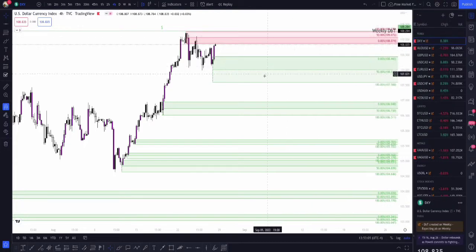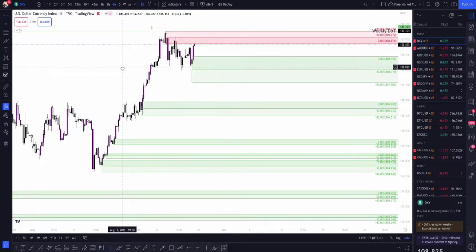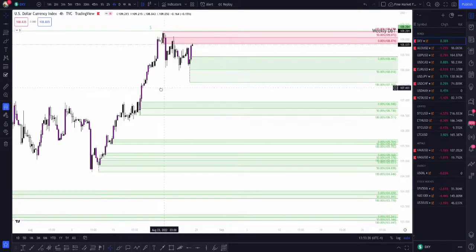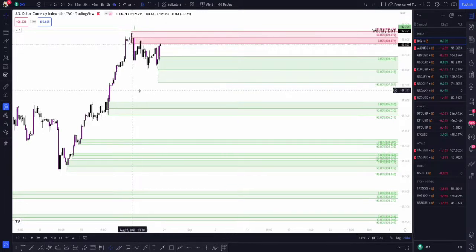All right, with that being said, let's go ahead and jump into our 4-hour chart, starting with the Dixie. And I'm going to do my best, guys, to hurry along so the video is not so long. So we have more short positions for the dollar. We are on this downtrending leg. Why are we on this downtrending leg?